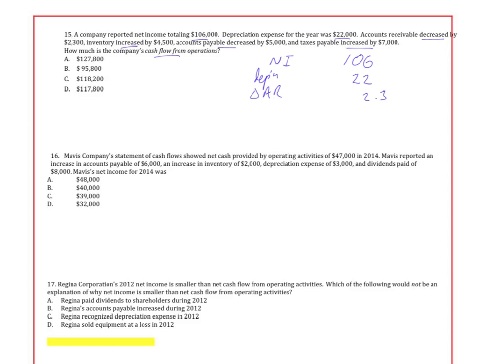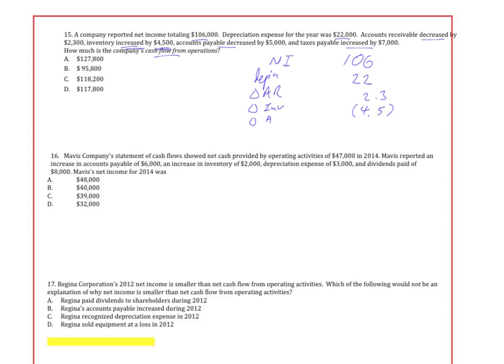Sorry, the next one is inventory. The change in inventory was an increase of 4,500. Oh dear, that means we used up cash buying more inventory, even though there was no impact on the income statement. Accounts payable decreased by 5,000.